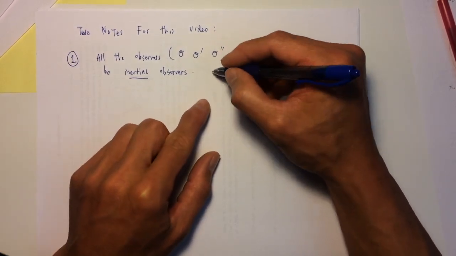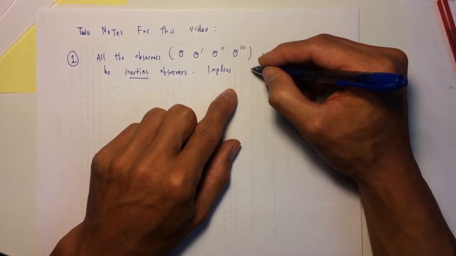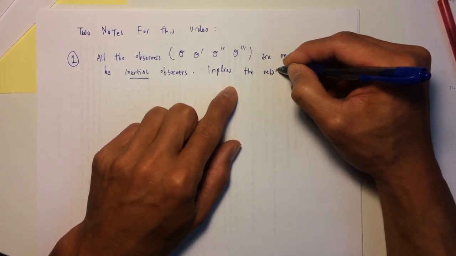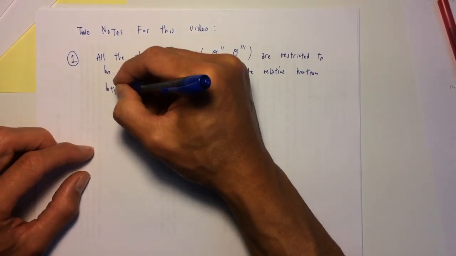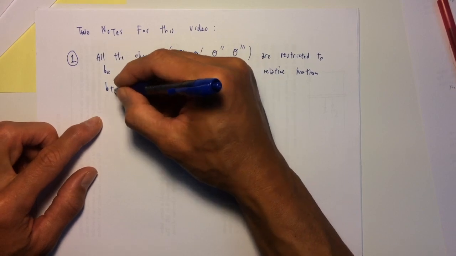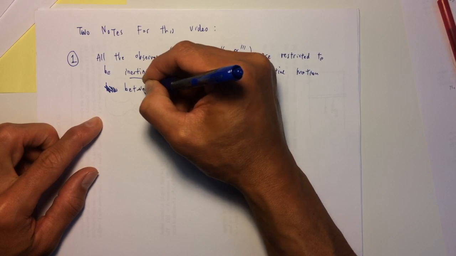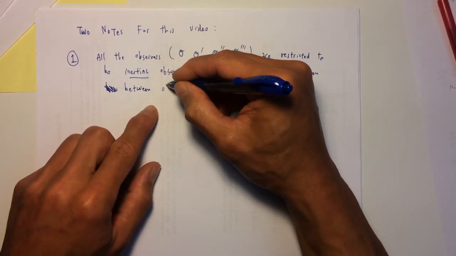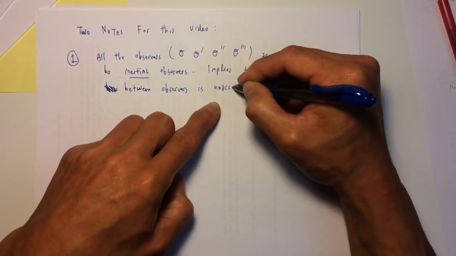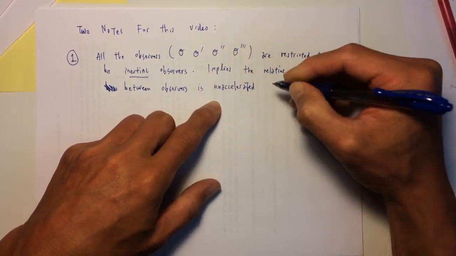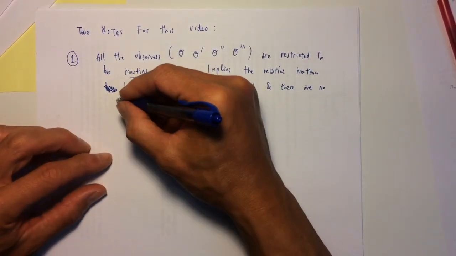So what this implies is the relative motion between, let me actually just write the word out. So between observers is unaccelerated and there are no rotations.